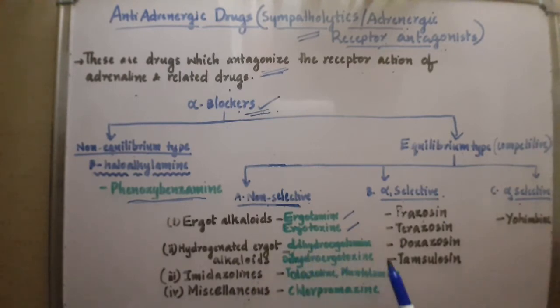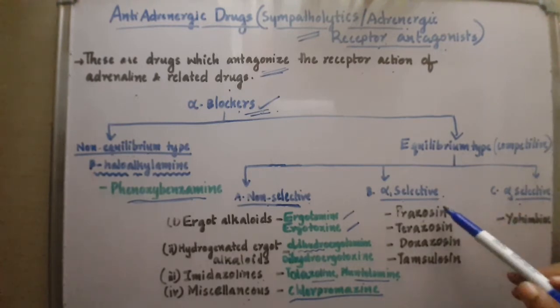So in front of the name ergotamine we have dihydro, since it is hydrogenated ergot alkaloids. So dihydroergotamine and dihydroergotoxine. Next is the imidazoline class and the drugs are tolazoline and phentolamine, and the miscellaneous class includes chlorpromazine as the drug.